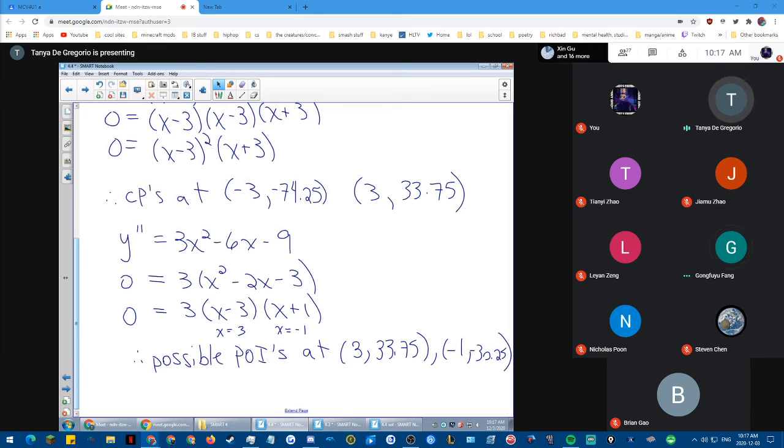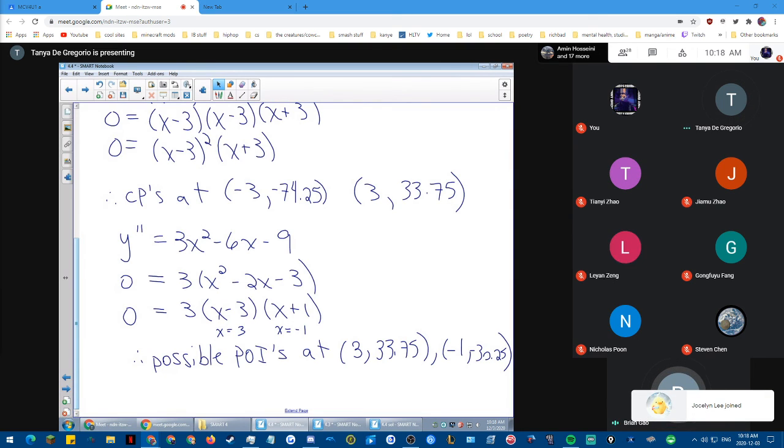Critical points are not just maxes or mins. Critical points are special points on your graph. So sometimes they're not maxes or mins. Sometimes they are, in fact, points of inflection, cusps, other things like this. Okay, I see. Yeah. Thank you. Yeah, no problem.